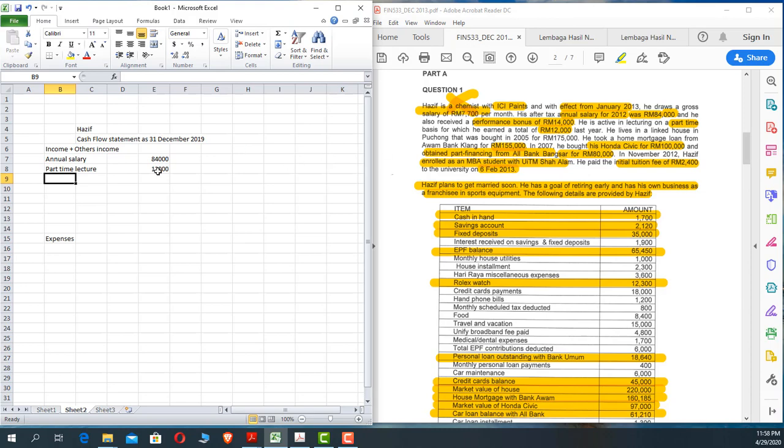Ni ialah part time lecture, ialah 12,000. Performance bonus 14,000. Okay, so this is settled dalam yang ni. And then pergi kepada yang ke bawah ni pula.